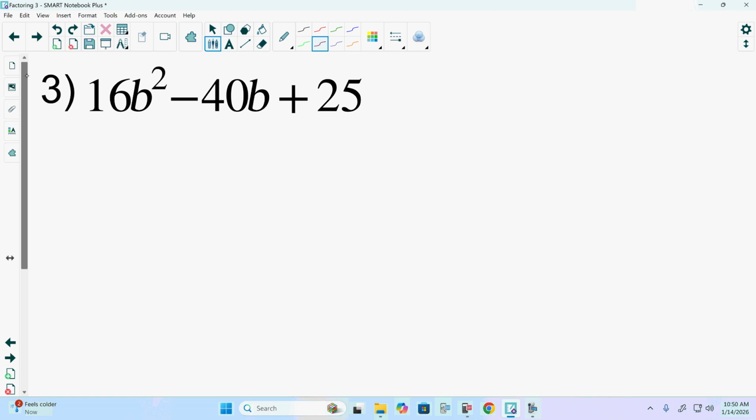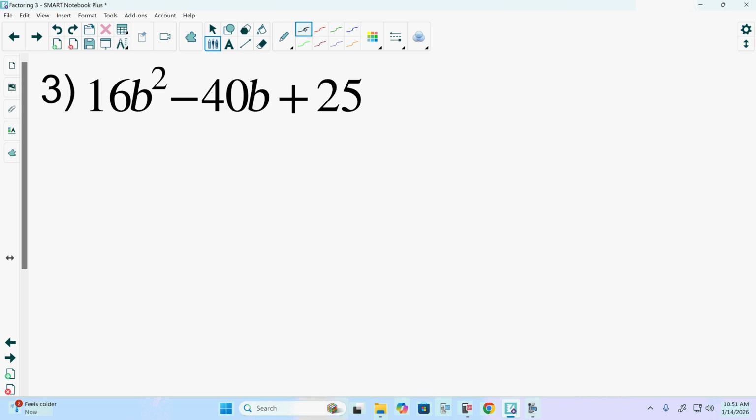16b squared minus 40b plus 25. And again, I would always be looking for a greatest common factor. Because if there is, it's going to make it nicer, easier to solve. We have fewer factors to look at, fewer factors to work with, especially when factoring. And unfortunately, 16, 40, and 25 do not have any common factors between them.